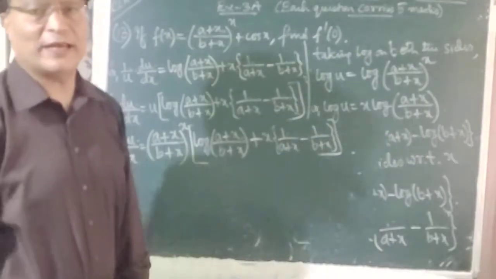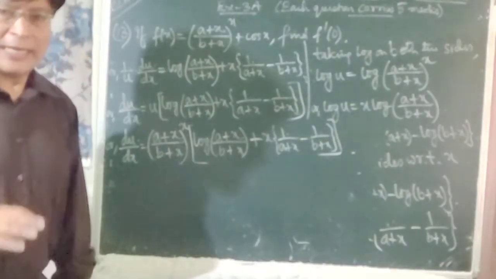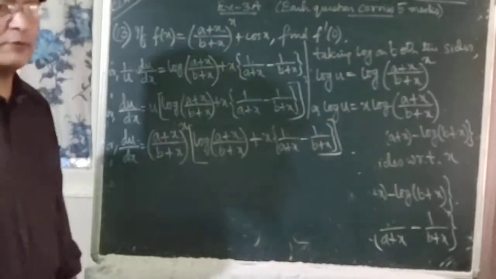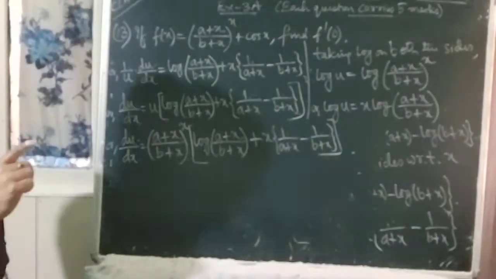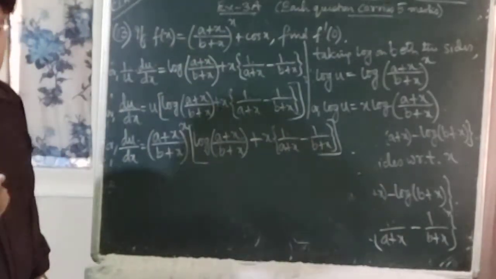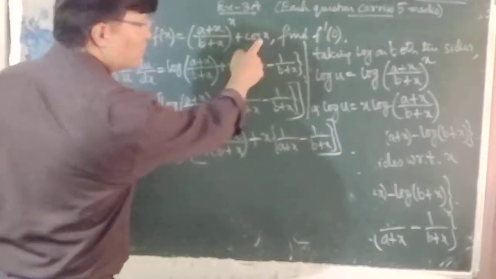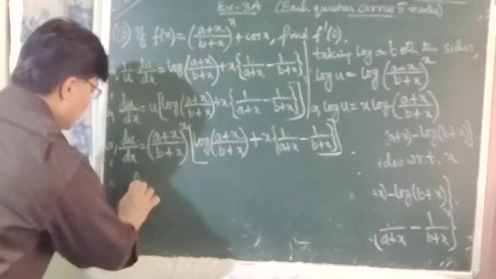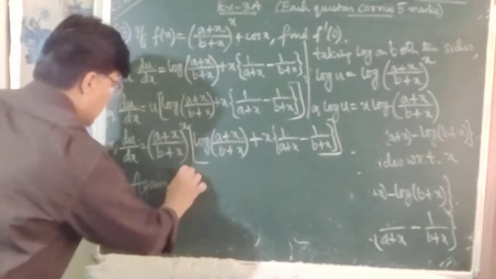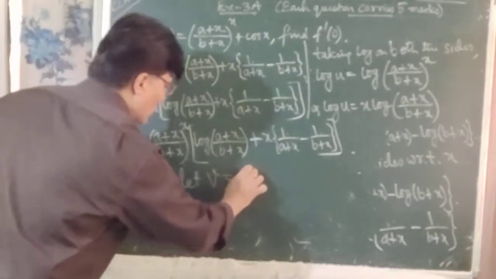So this is your value for du by dx. So now what is to be found out? You have to find out now dv by dx, isn't it? What was v actually? It is cos x. So again, let v is equal to cos x.